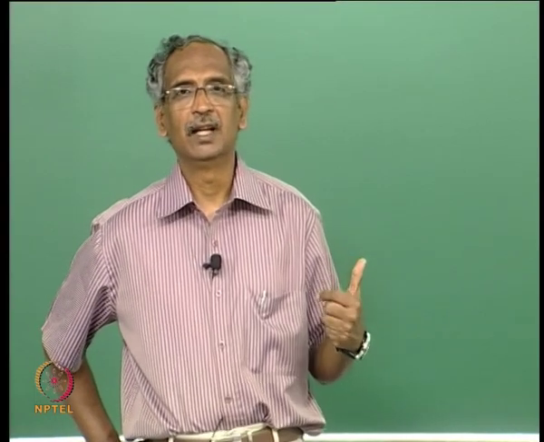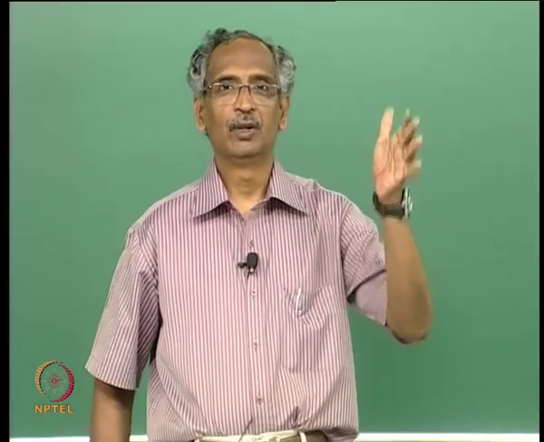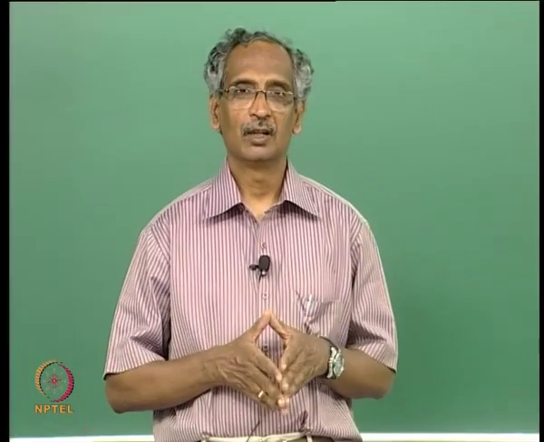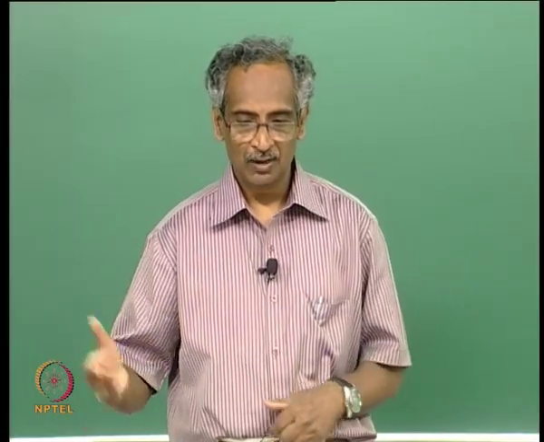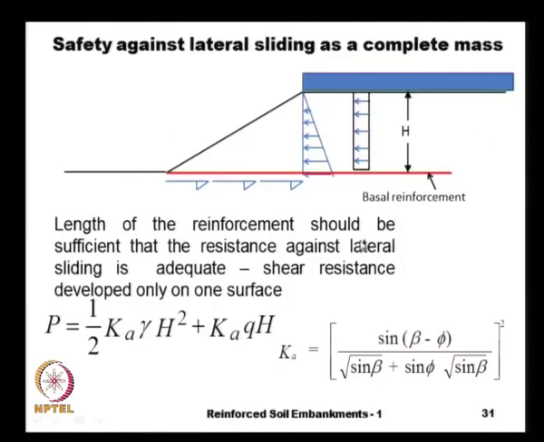because Rankine's Ka is applicable for vertical retaining walls, but here our slope is not vertical, but inclined at an angle of beta, and our Ka is given as sine of beta minus phi by square root of sine beta plus sine phi times square root of sine beta, the entire thing squared.